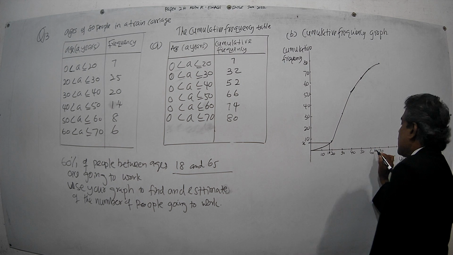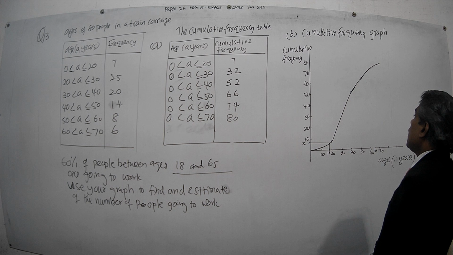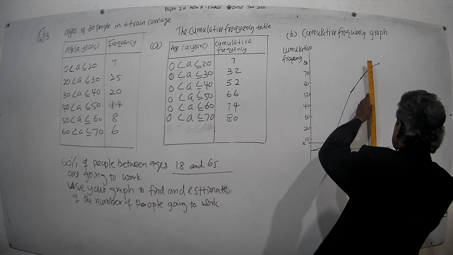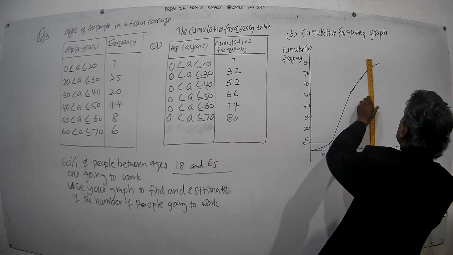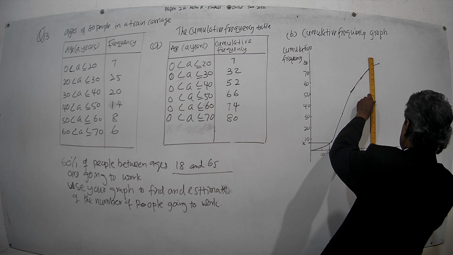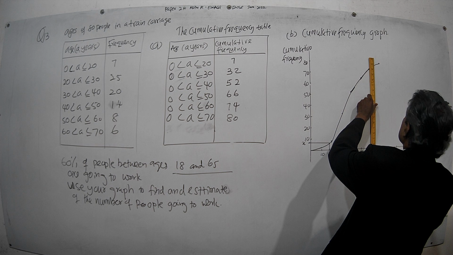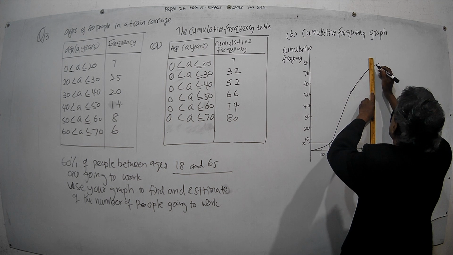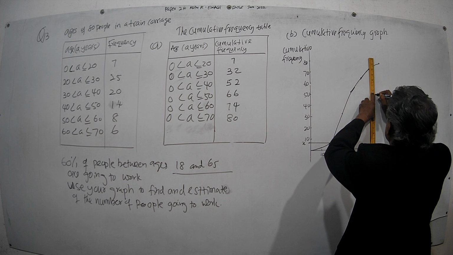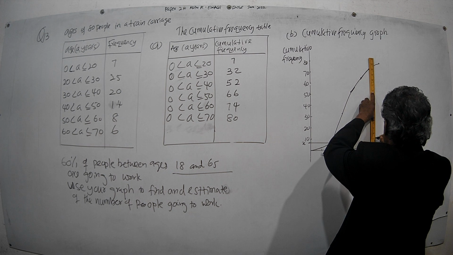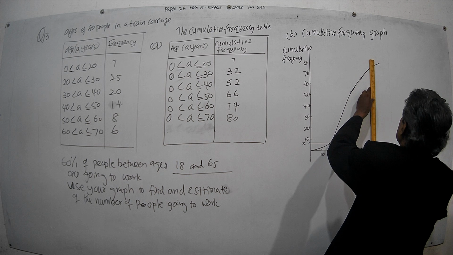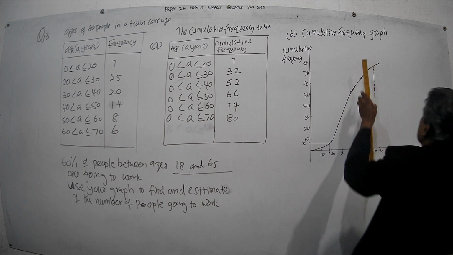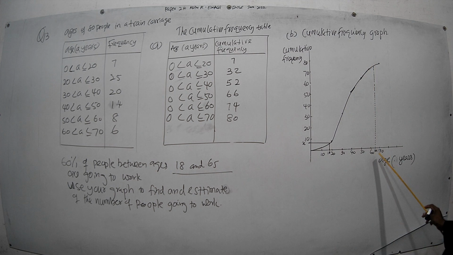Then you draw another line as you did in the case of 18, a vertical line from that 65 point to meet this cumulative frequency graph, like this vertical line.